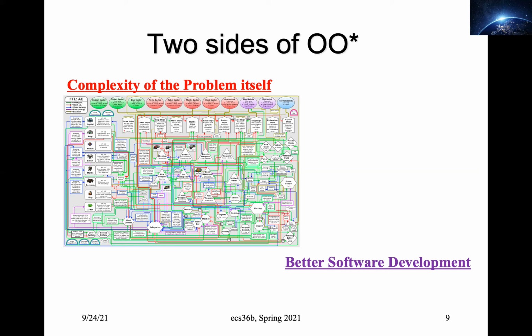That's called object-oriented modeling. Object-oriented modeling, in some sense, is trying to see how you can turn a person, an aircraft, or a component of an aircraft, or some characteristics of something we don't even know how to model computationally, into some kind of data structure. And that data structure in ECS 36B is called an object.